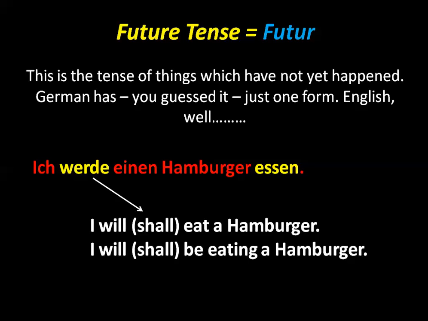In German, the future tense is formed with a conjugation of the verb werden, and then the infinitive form of the other verb located at the end of the sentence or clause. So in this case, ich werde einen Hamburger essen. Whereas in English, again, the word order is different. The will is immediately followed by the secondary verb, which is eat.